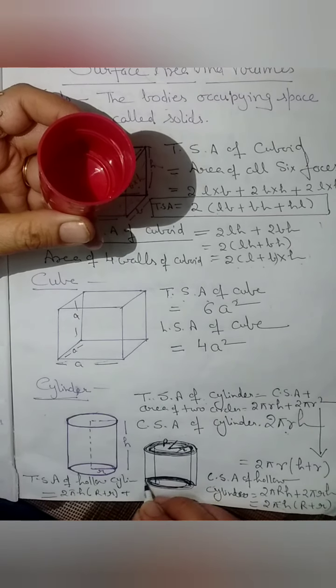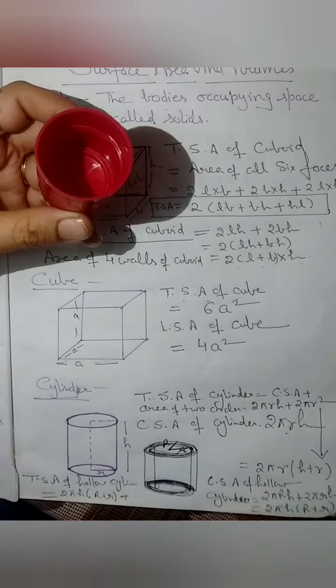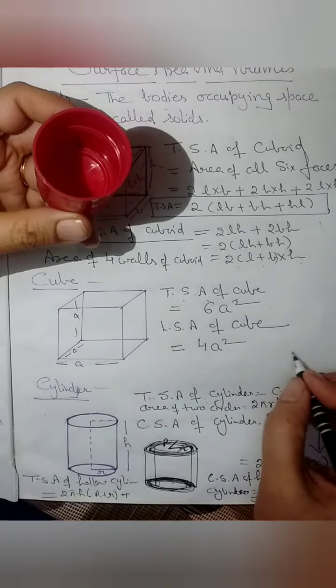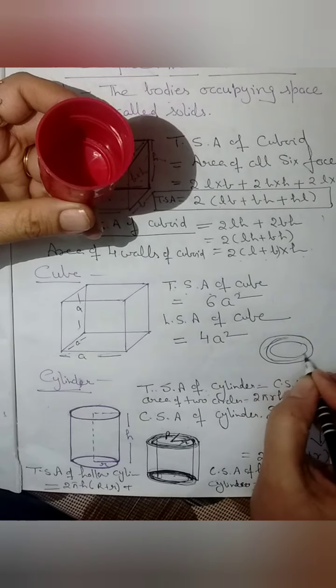So what about area of this ring? We know area of ring will be equal to, if we have to find area of this ring, suppose this is a ring.